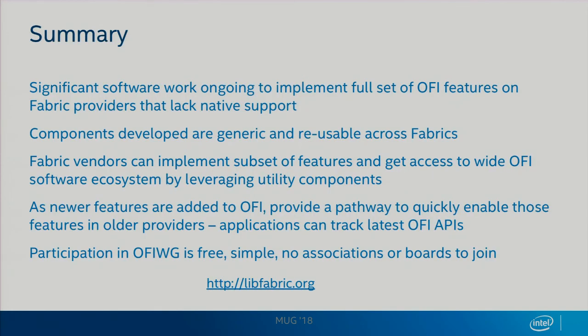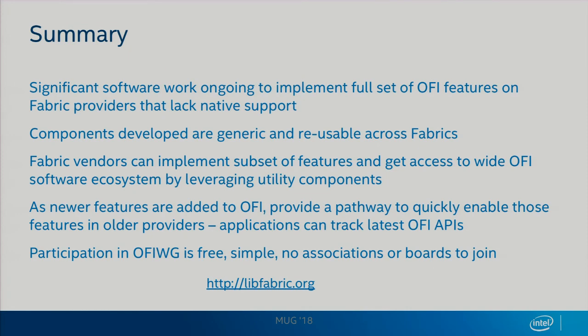So in summary, I described a bunch of the software work going on right now to complete the OFI feature set on a wide variety of fabrics that are not implementing the entire set, because the API set was defined by what applications need.